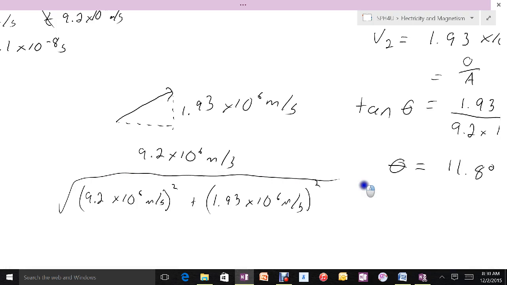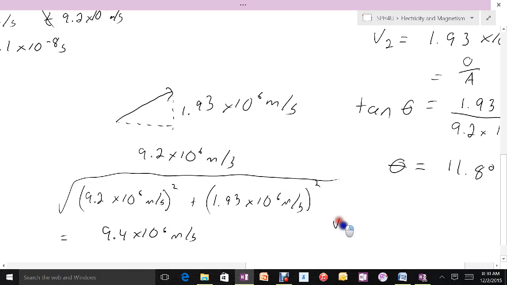So I get 9.4 times 10 to the 6 meters per second.